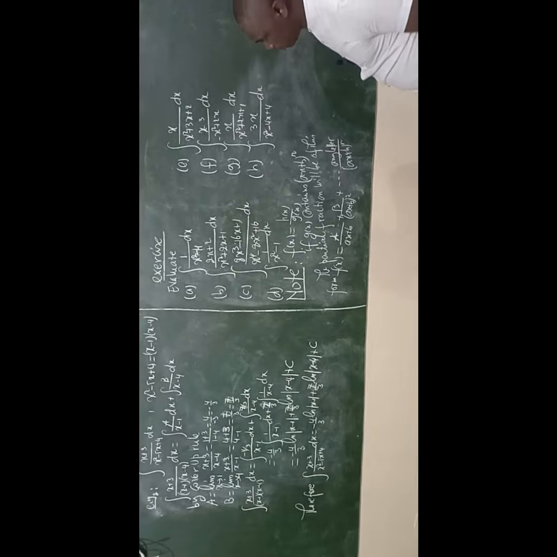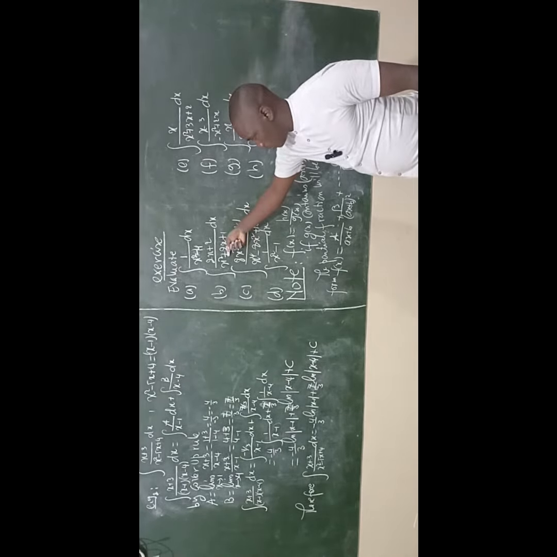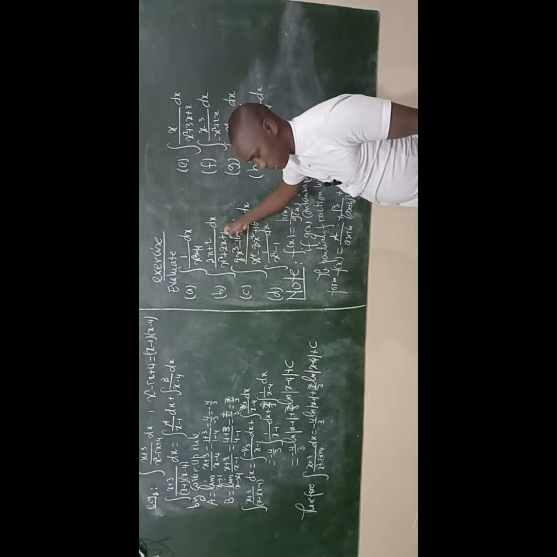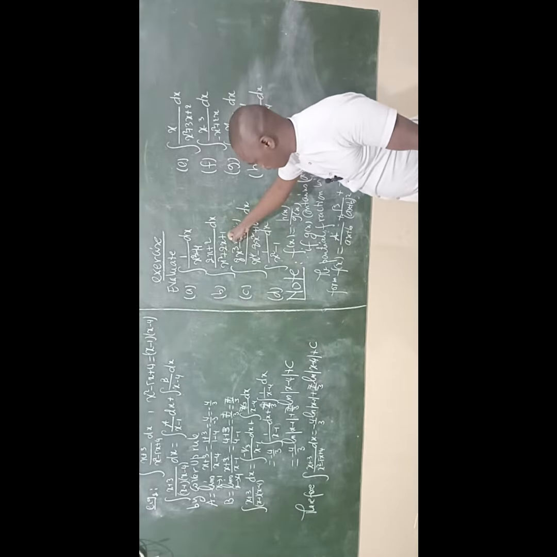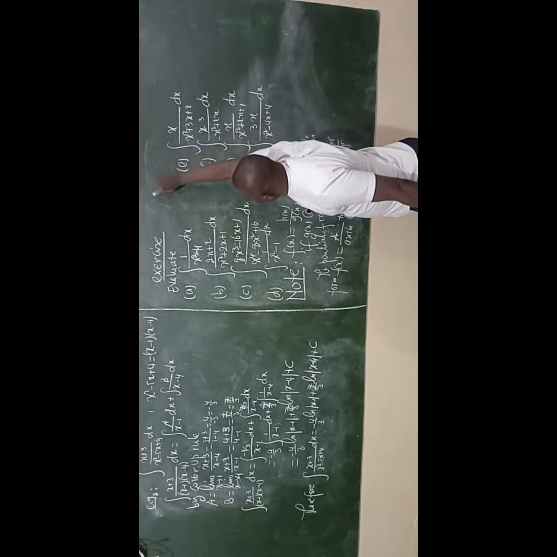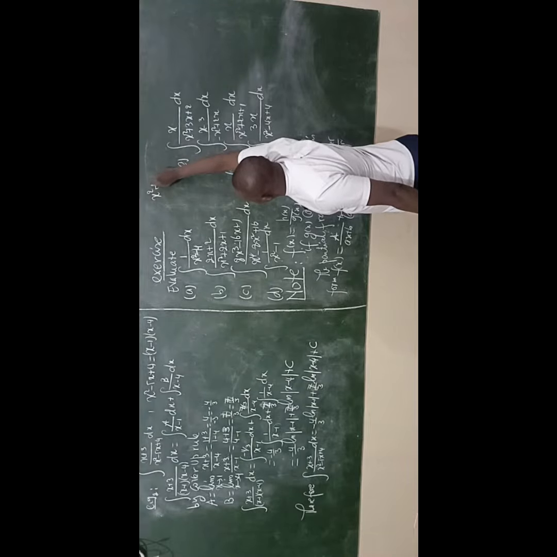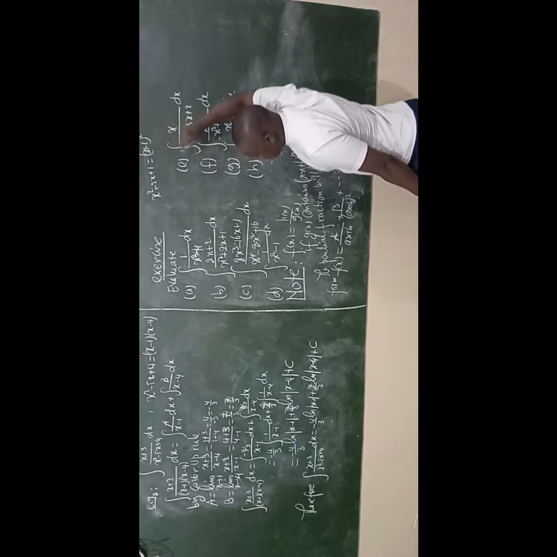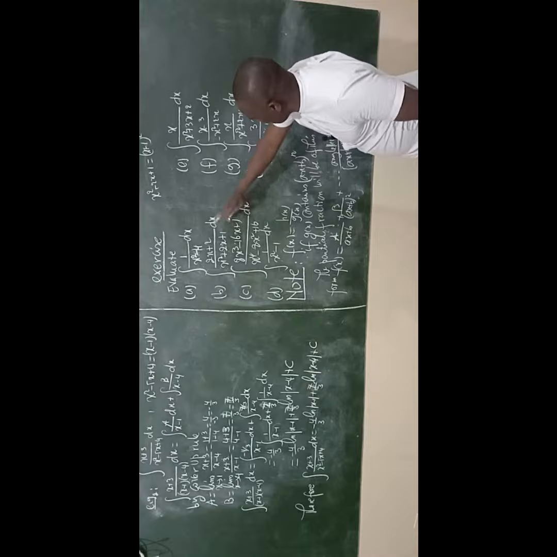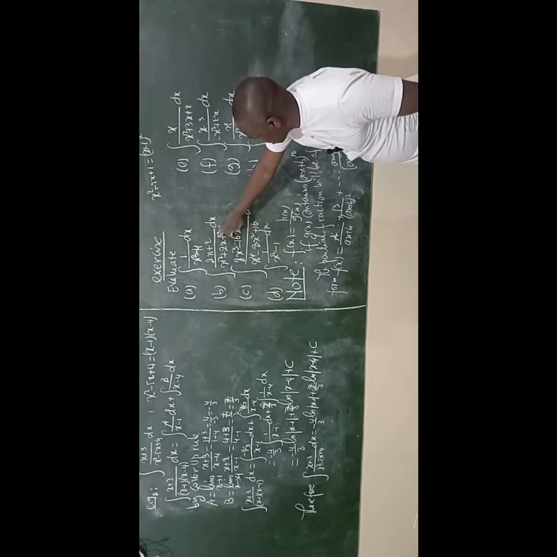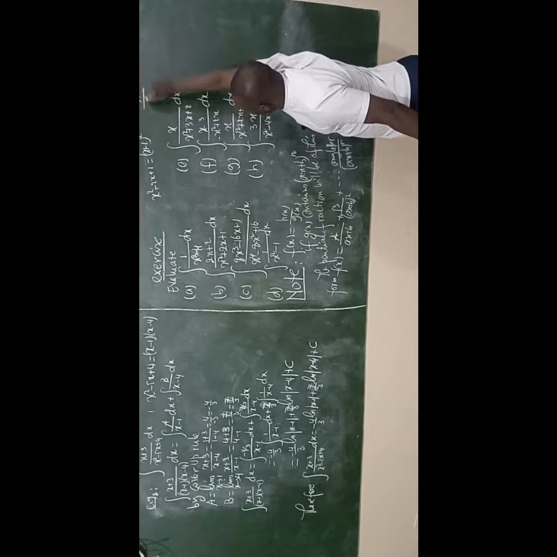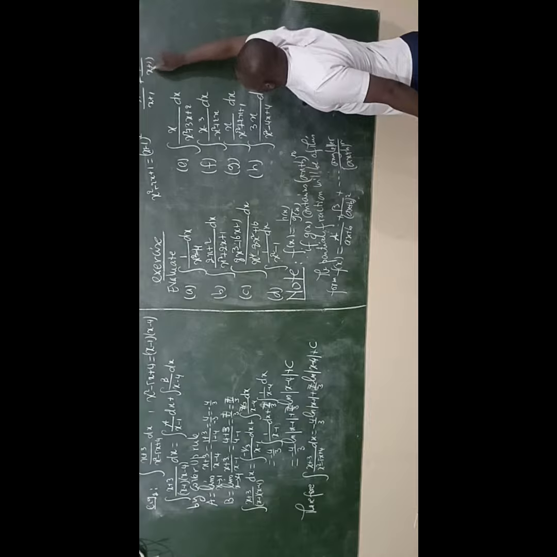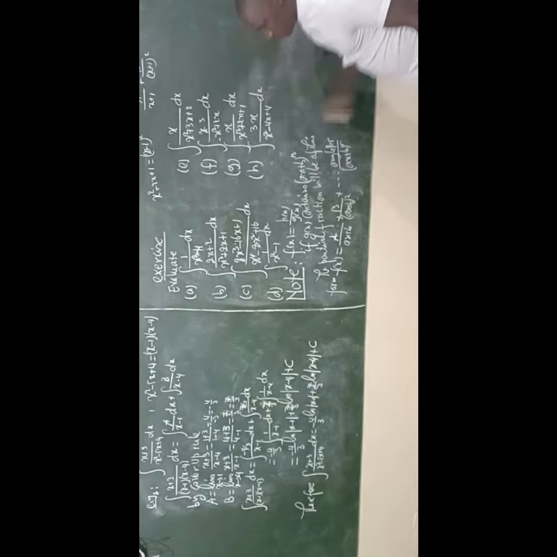For example, that one will be occurring here because you have x squared plus 2x plus 1. Its factor form is x plus 1 squared. And the partial fraction of this will be A by x plus 1 plus B by x plus 1 squared. You continue to solve.